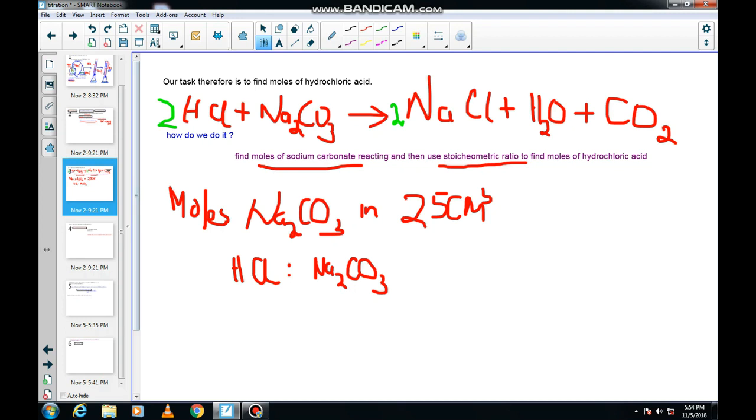So according to this reaction equation, the stoichiometric ratio is 2 moles of hydrochloric acid to 1 mole of sodium carbonate. So we need to find the number of moles of sodium carbonate so that we can use that together with the stoichiometric ratio to find the number of moles of hydrochloric acid.